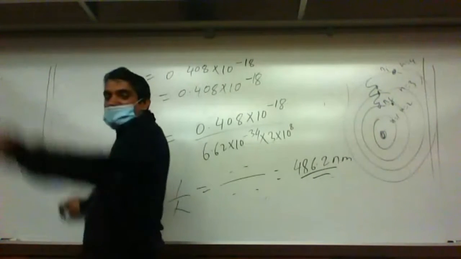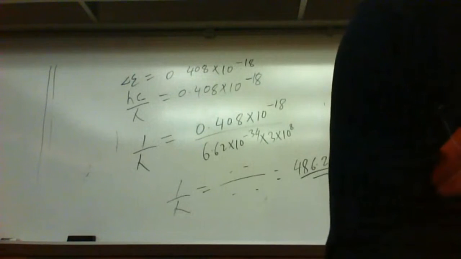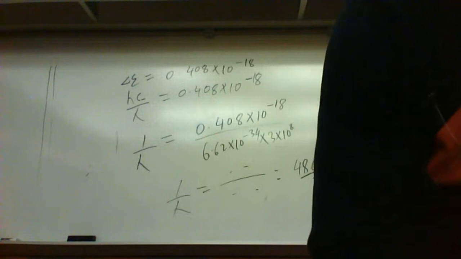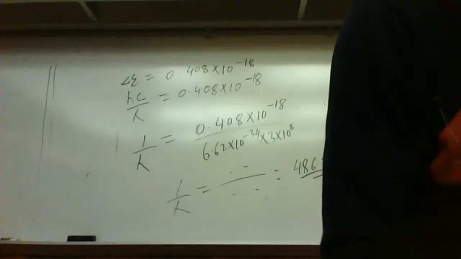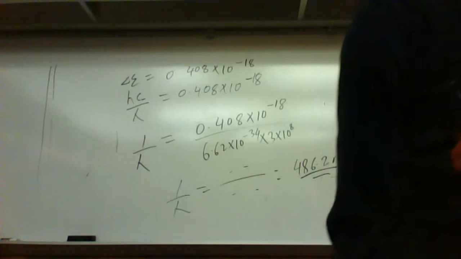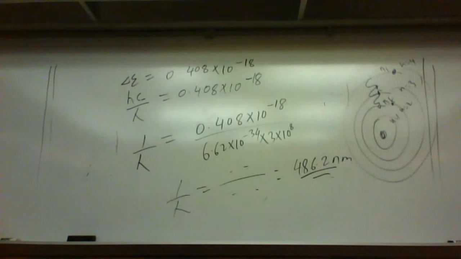Either you use the first equation, or whichever one I used: 1 by lambda equals R times (1 by 2 squared minus 1 by n squared).